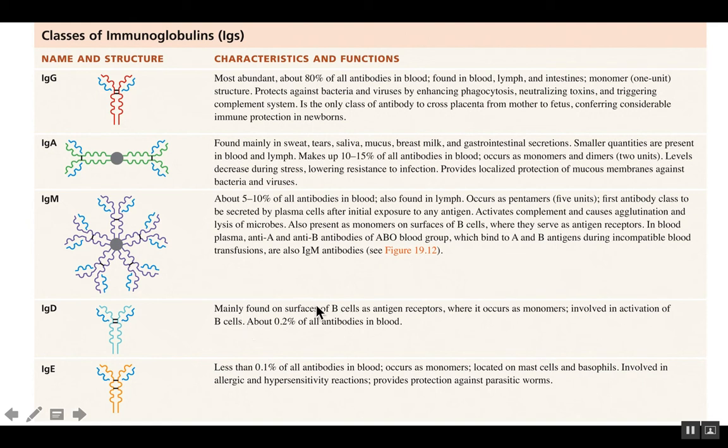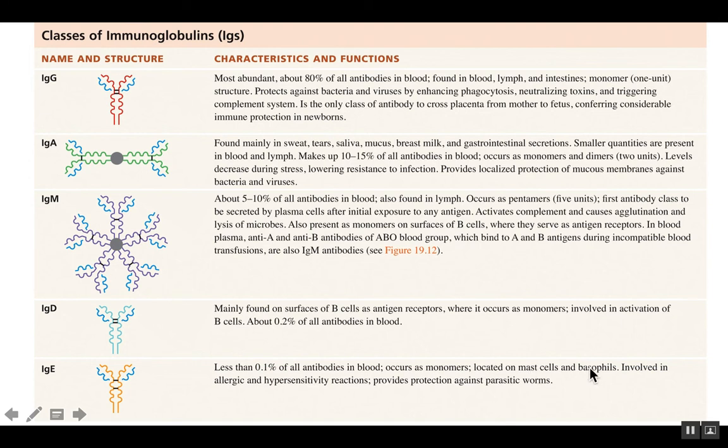IgDs are surface receptors on B cells. So if you look back at a B cell and saw those B cell receptors, those are actually called IgD antibodies. And then finally, IgE antibodies are involved in allergic or hypersensitivity reactions. So these guys are located on mast cells and basophils.